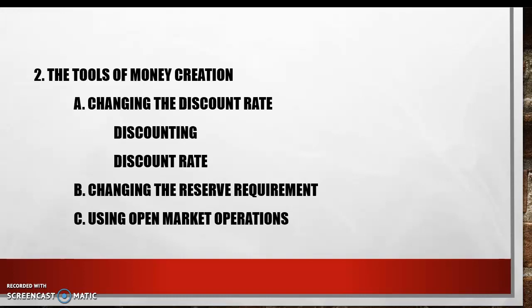Using open market operations. This means, and this is worth noting, this is used most frequently. It's an action whereby the Fed purchases or sells governmental securities in the open market to inject money into or withdraw money from the economy.